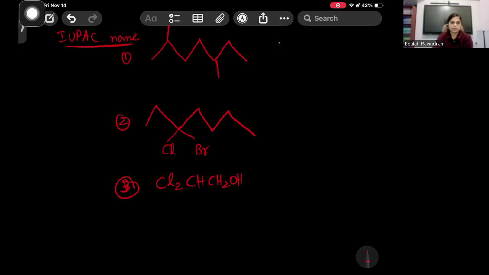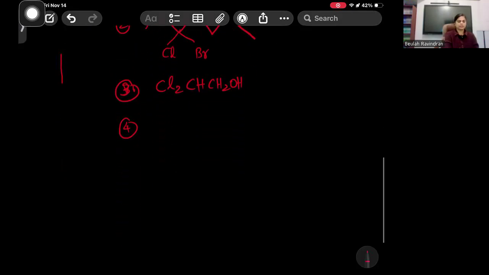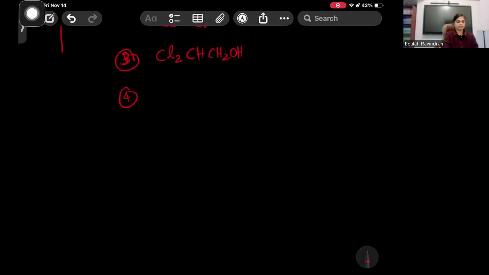I hope you can understand this, and then the fourth one, I will give you the cyclic structure. So we have a double bond O, single bond O, C2H5. Okay. Name this. Fifth one.